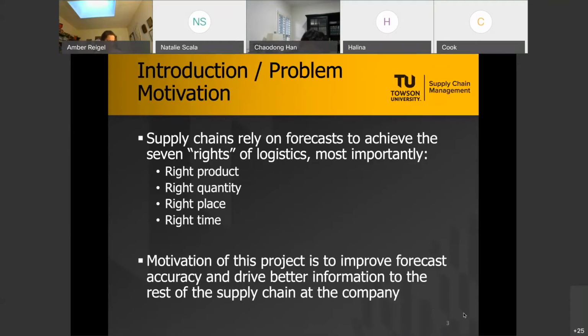So as a demand planner, my responsibility is to pretty much predict the sales of our customers for a rolling 24-month period. So that's what the motivation for this project was, and improving the forecast accuracy of not only my SKUs and products, but the overall company's, and driving better information to the rest of the supply chain at the company.